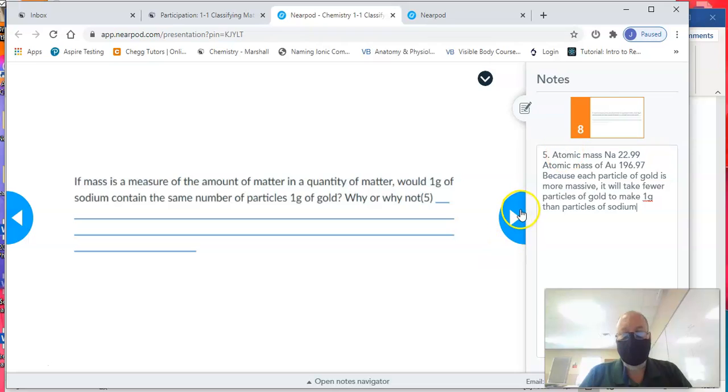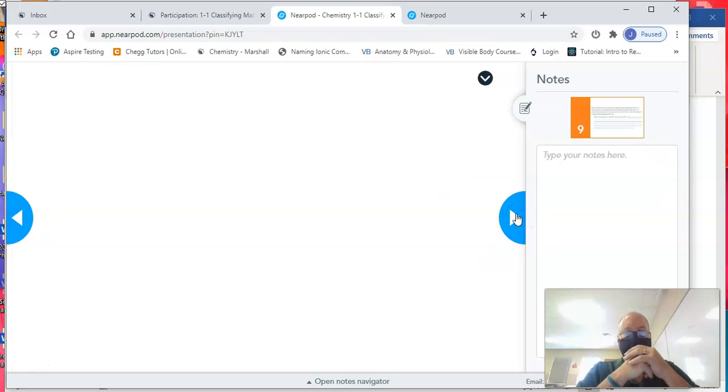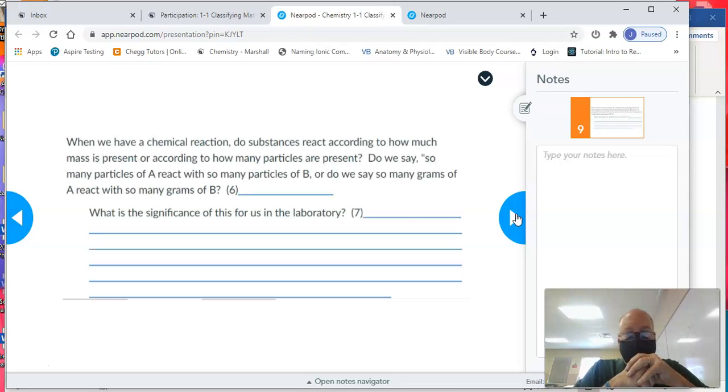And there's a reason that I'm asking this question, so let's go to the next slide to figure out why. When we have a chemical reaction, we ask the question: do substances react according to how much mass is present or according to how many particles are present? Do we say so many particles of A react with so many particles of B, or so many grams of A react with so many grams of B?